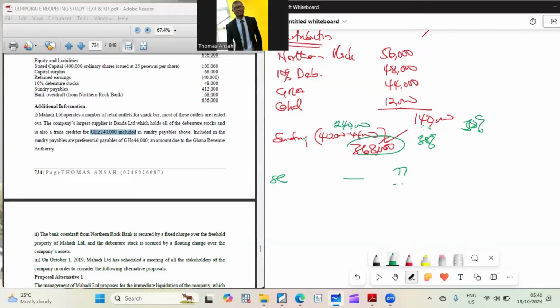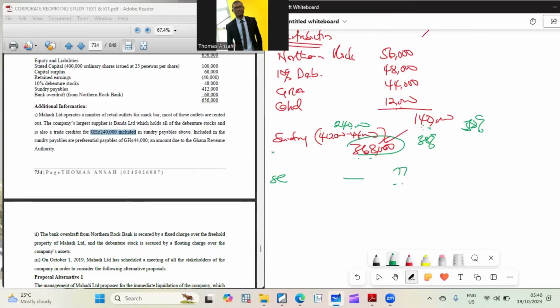Somebody can decide that, since we don't know the total component of the sundry, whoever the remaining is will be paid, and Banda will receive nothing, because if you pay 140 from this, you don't have anything left to pay. So it's a subjective analysis. Your answers may never be equal to somebody's own.